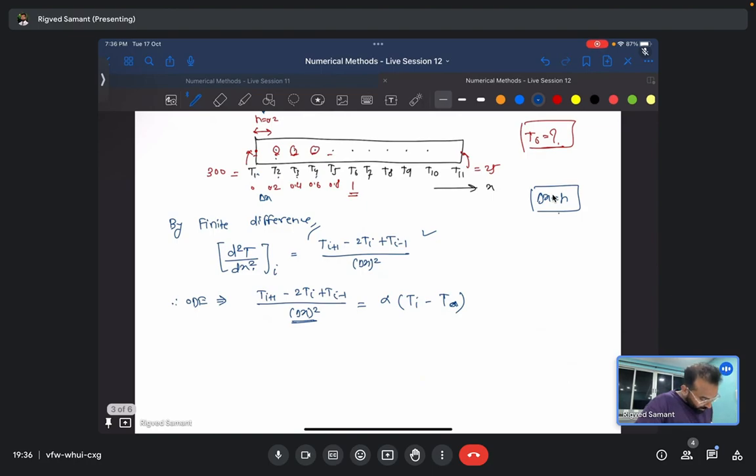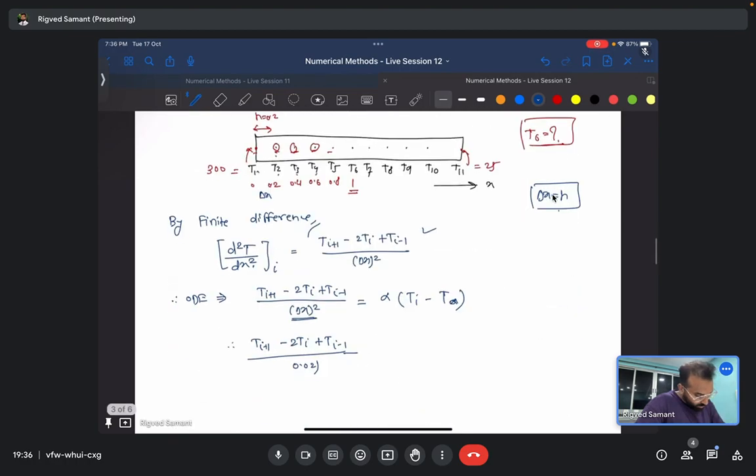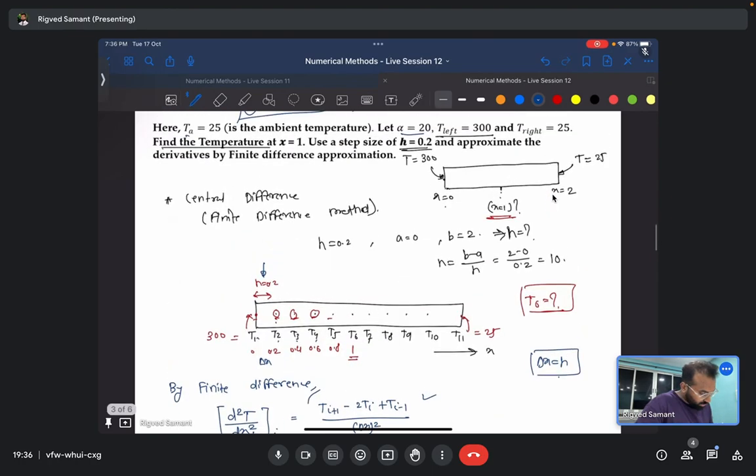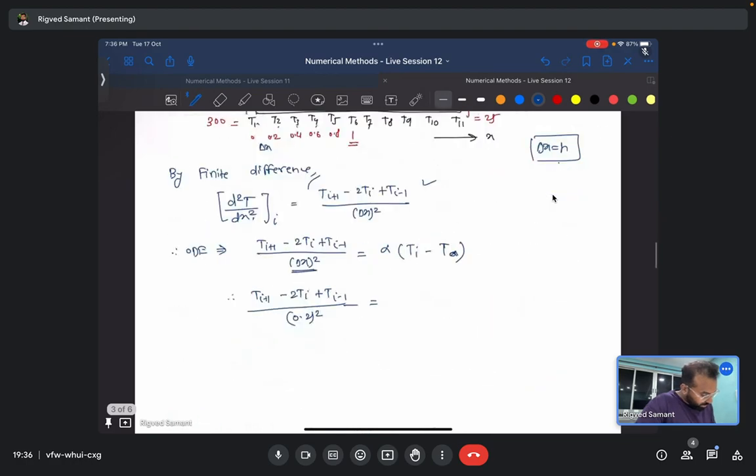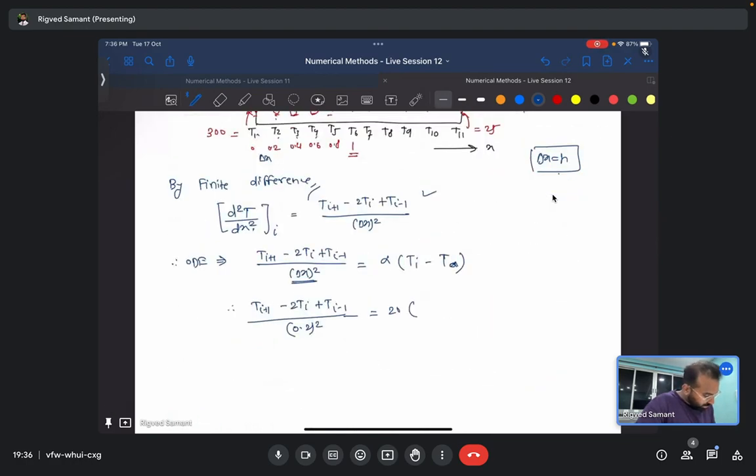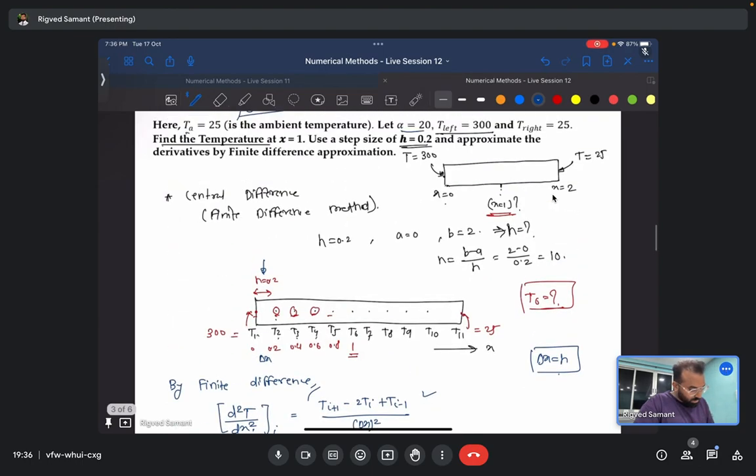So we can simplify this as T(i plus 1) minus 2T(i) plus T(i minus 1) divided by 0.2 square equal to alpha, which is 20, times (Ti minus Ta). Ta is 25.